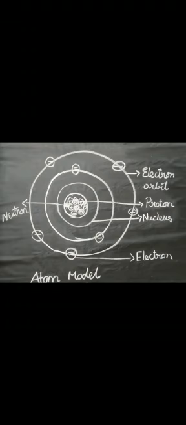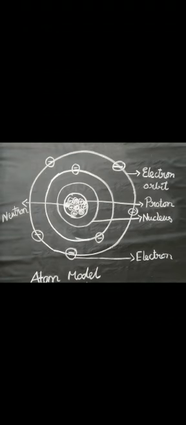There is a force of attraction between the protons in the nucleus and the electrons in the orbit. The electrons in the inner orbits are strongly attracted by the protons and cannot be removed easily.